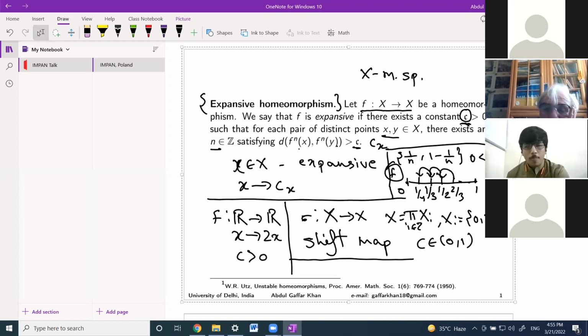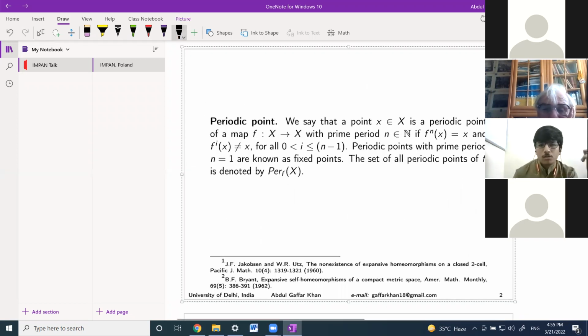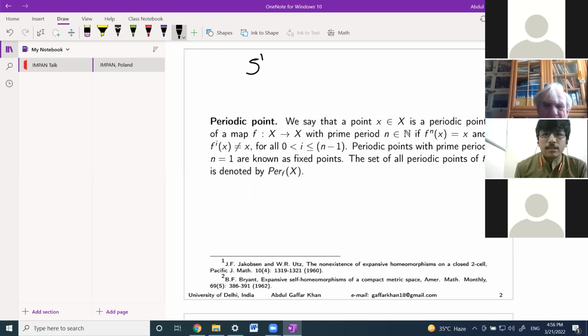It is an important question that has been addressed by several authors: can we have a homeomorphism on certain spaces which is expansive? So the existential question of expansive homeomorphisms has developed much theory of expansive homeomorphisms. One such result says that the unit circle and bounded intervals do not admit any expansive homeomorphisms.